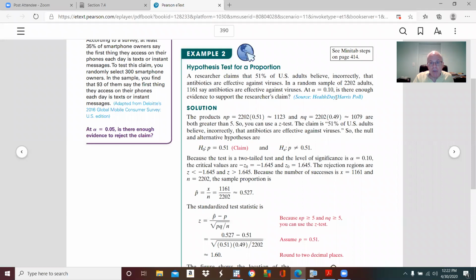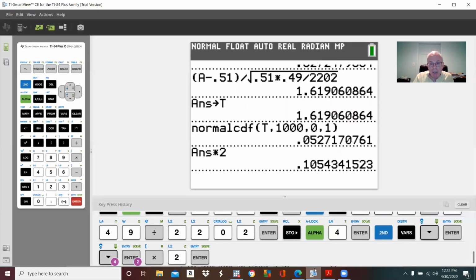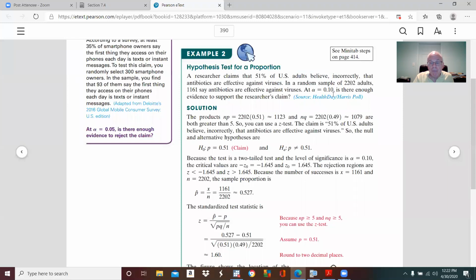What is alpha in this case? 0.10. What is the p-value? 0.1054. This number, the p-value, is bigger than alpha. Bigger than 0.10. So whenever the p-value is bigger than alpha, we do not reject the null hypothesis. Now, I want to bring up something very important here.